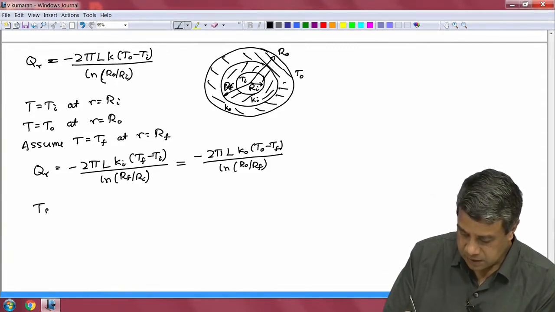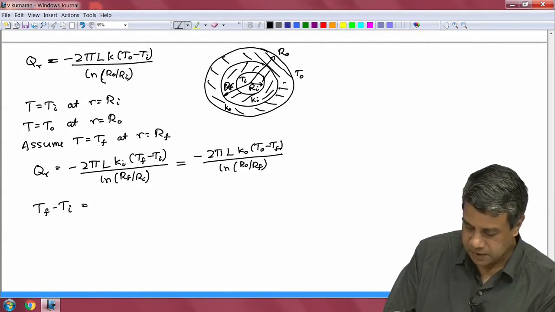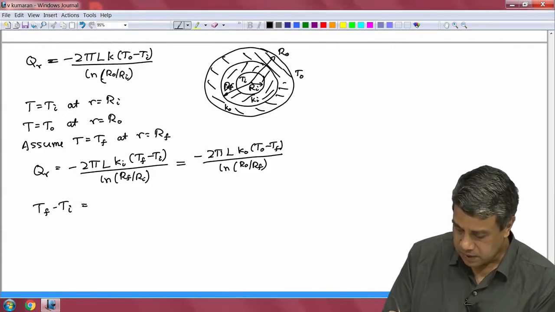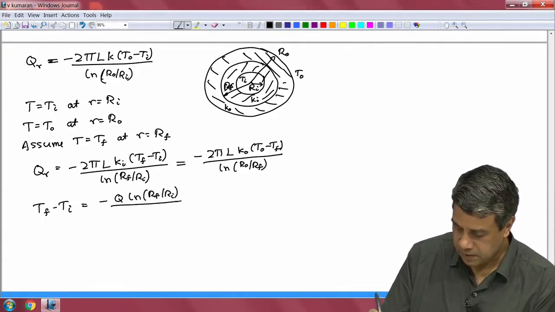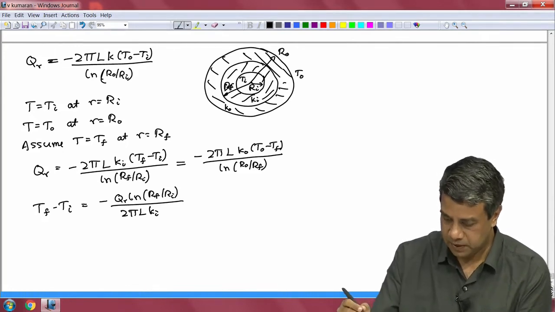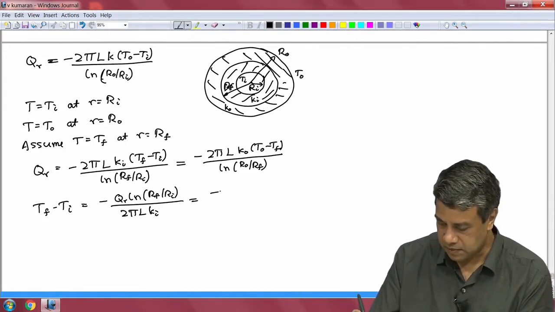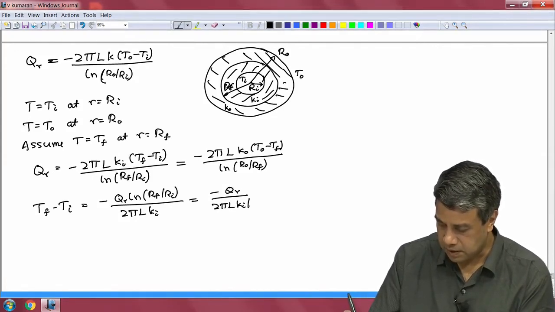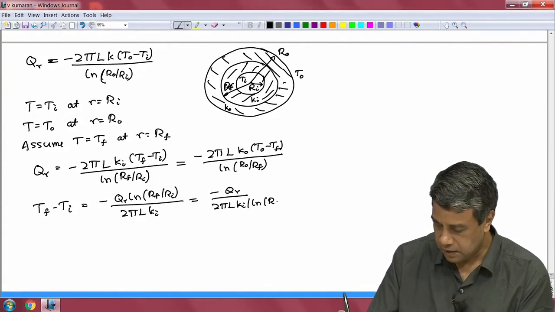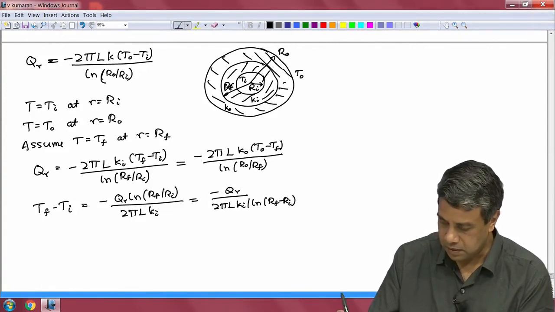Tf minus Ti is equal to minus Qr log of Rf by Ri divided by 2 pi L Ki. I can also write this as minus Qr by 2 pi L Ki, with log of Rf by Ri in the denominator.